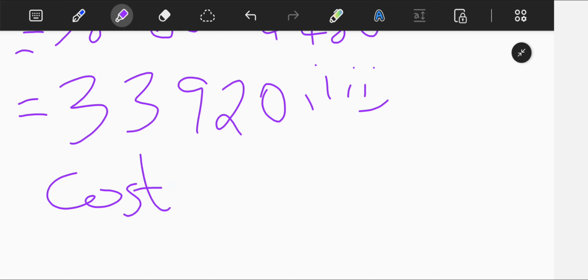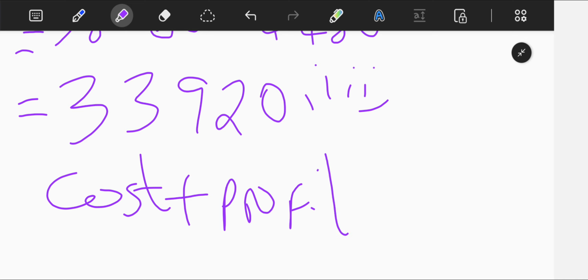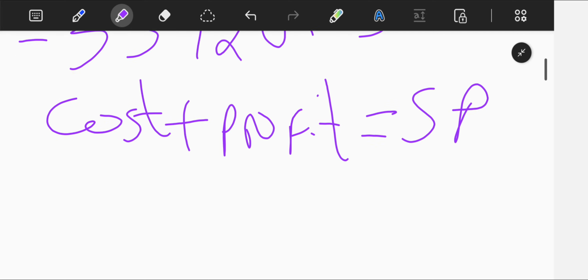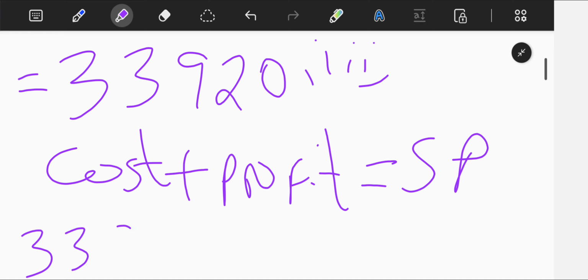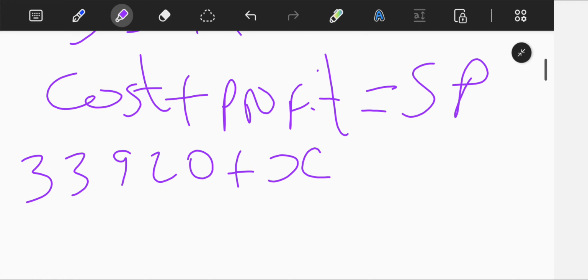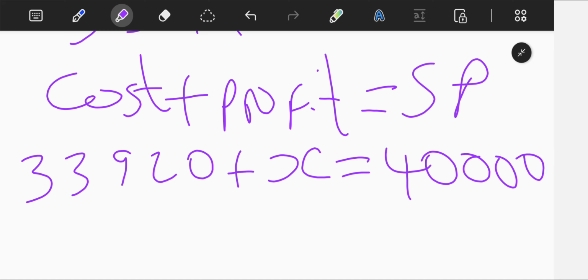Cost plus profit is equal to selling price. Our cost or our value is 33,920 plus the profit that we're looking for is equal to 40,000. Then solve for x.